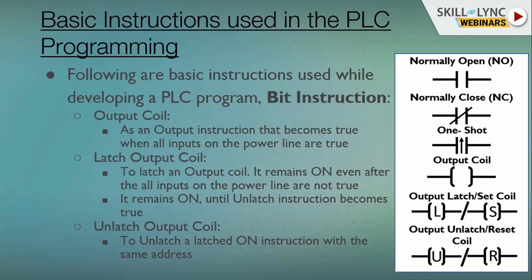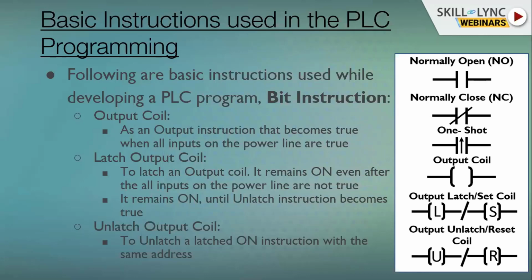Latch output coil is something that works even if input signals are stopped. Normally the output coil depends upon input signals: if input signals are enabled in that line, the output gets on.